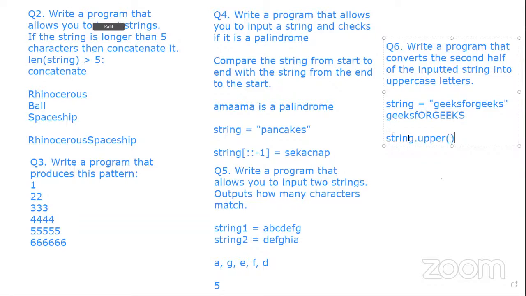Keep in mind, this dot upper makes the entire string uppercase, and you don't want that, you only want the second half. So you've got to use a substring, from the halfway point to the end point. So half to end. You've got to do something like this, and print this off.